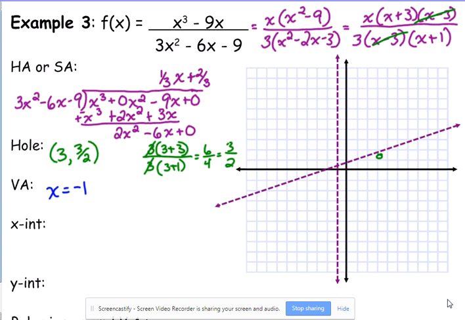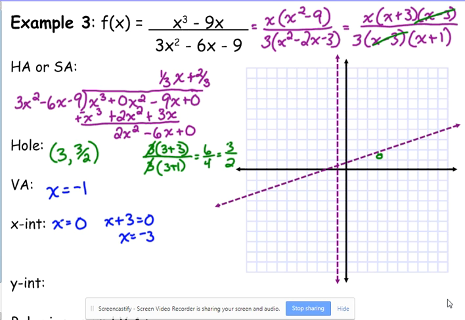Okay, how about an x-intercept? Where does the x-intercept come from? Set the numerator equal to 0. So we've got two pieces left in the numerator. We've got x equals 0, and we have x plus 3 equal to 0.